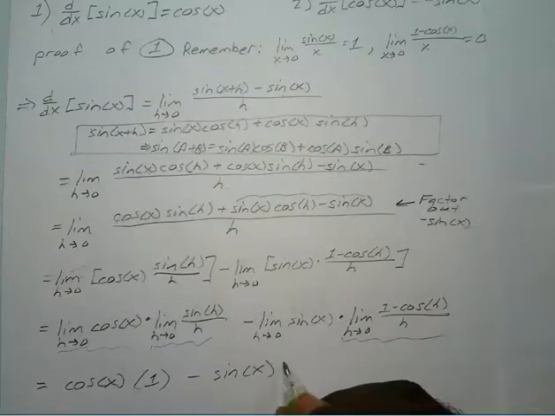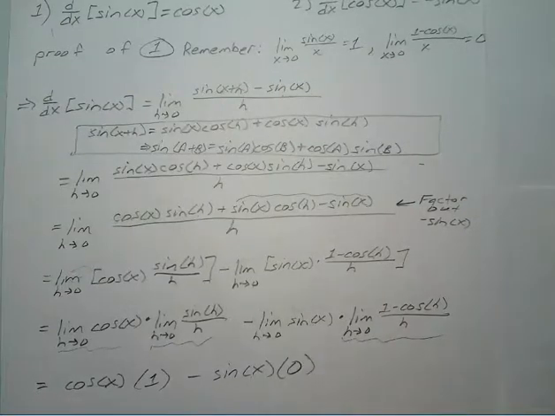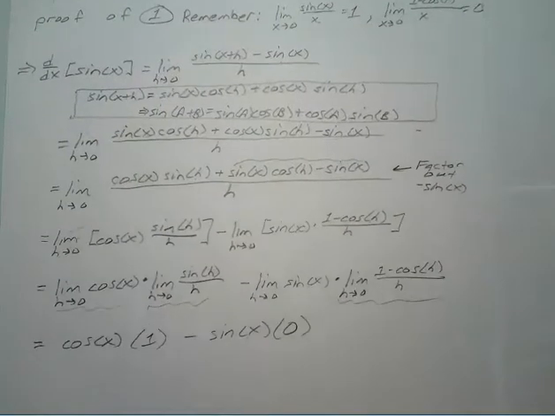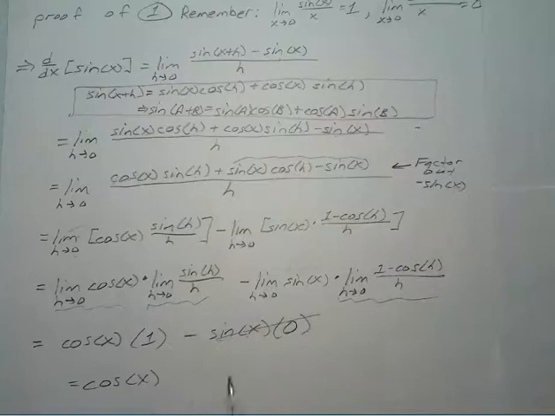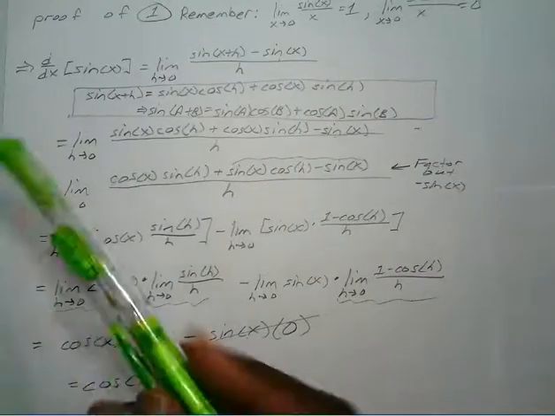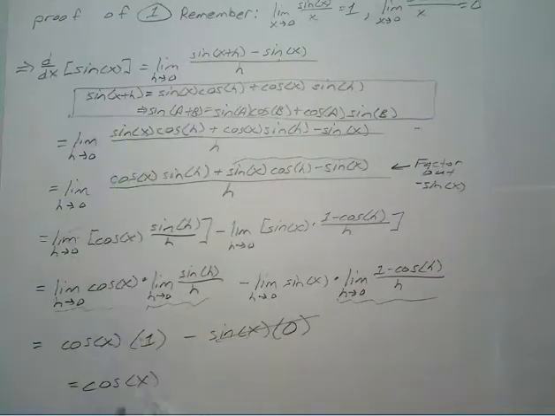So you have sine of x times 0. Okay, so this disappears. 0 times anything is just 0. So you end up with cosine of x times 1, which is cosine of x. Okay, so the derivative of sine of x equals cosine of x.